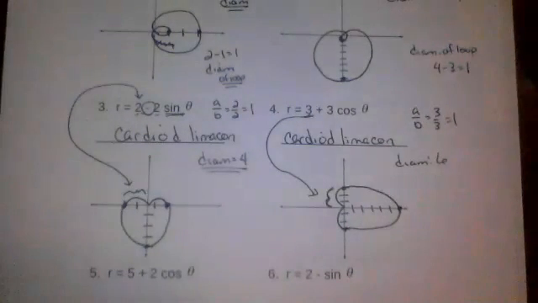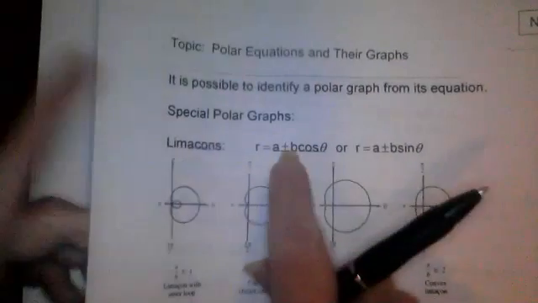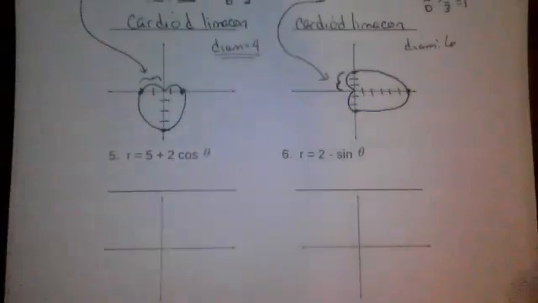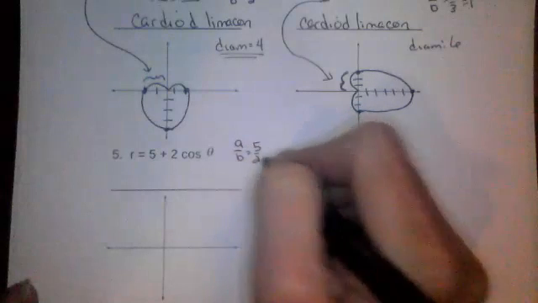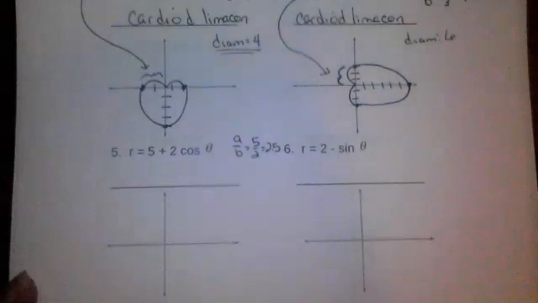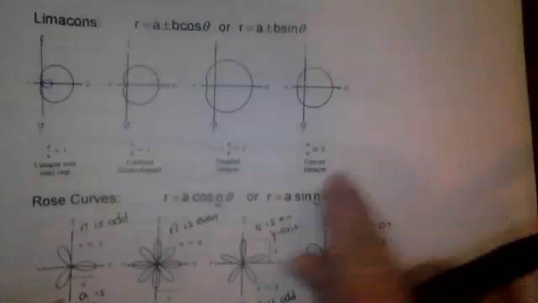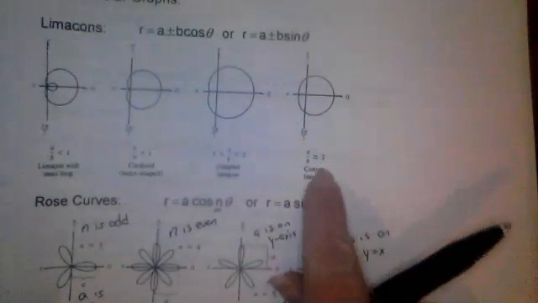All right, next one, we've got 5 plus 2 cosine theta. 5 plus 2 cosine theta, still the same limacon, but this time a over b is going to be 5 over 2, or 2.5. So that's going to be like this one, greater than or equal to 2.